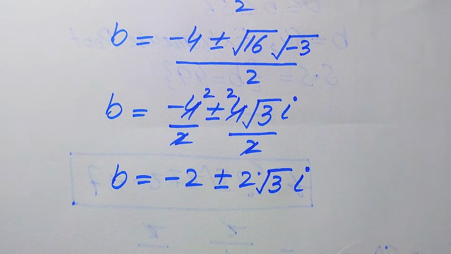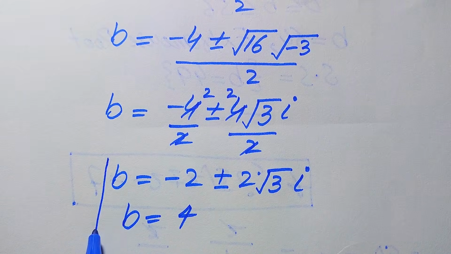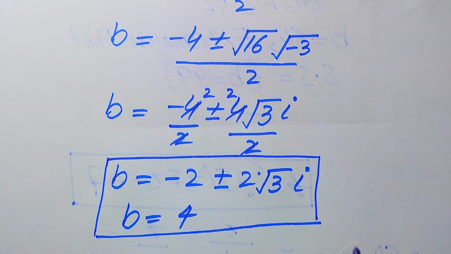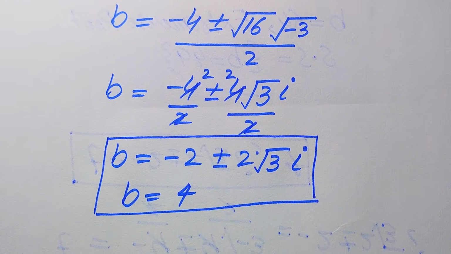So we obtain three roots of the given equation, in which these two roots are complex roots, and b equals 4 is the one real root of the given equation. So these are the three roots of the given equation, and this is our final answer to this question.